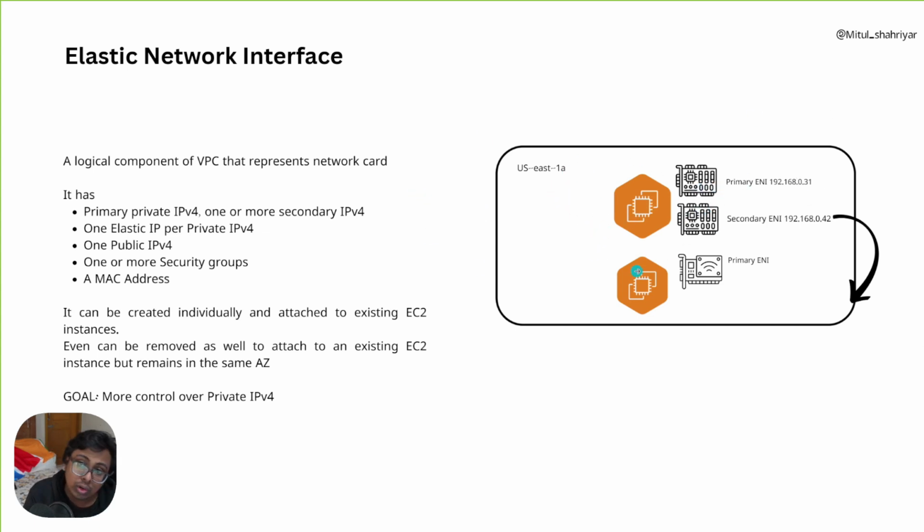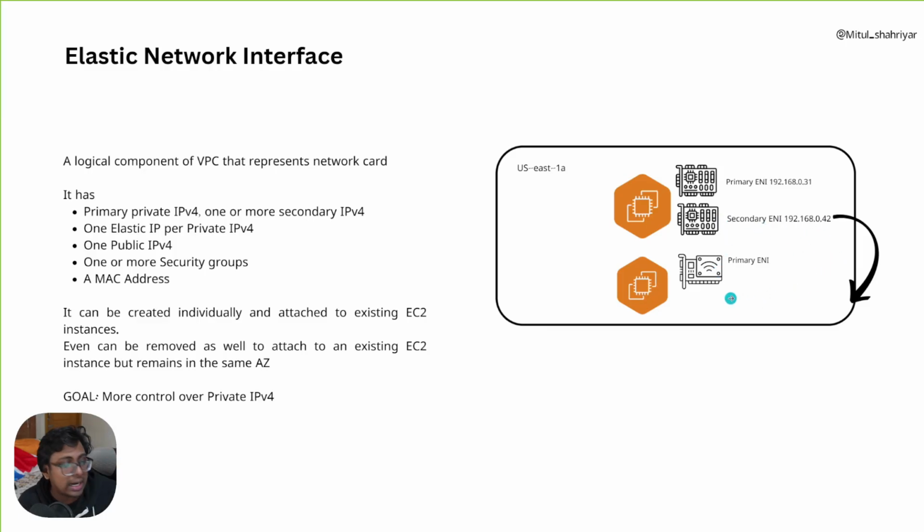That means they are also within the same availability zone, and there are network cards, or you can call them elastic network interfaces. This is the primary one, which was created when we created the EC2 instance, and then we can attach it to here.